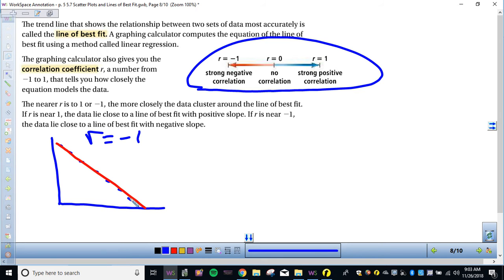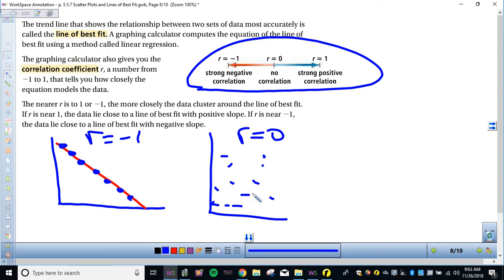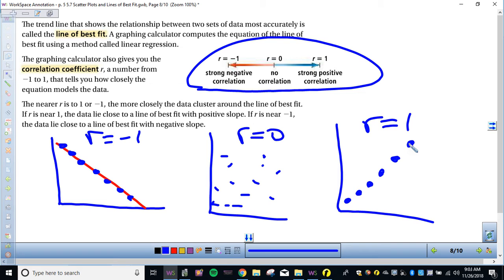Right? So every dot is exactly on the line. That's perfect correlation. If we have r equals 0, that's the one where it's just randomly spread all over the place. If we have r equals 1, then every dot just hits the line exactly, but with positive slope. Okay? So r equals -1, r equals 0, r equals +1.